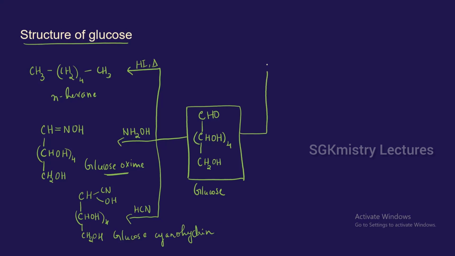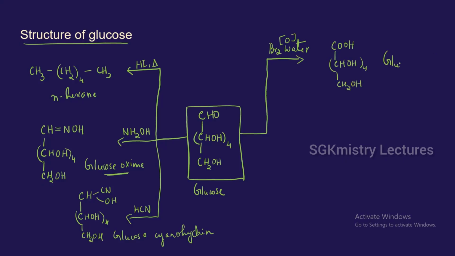So the next test was they treated glucose with bromine water. When you treat it with bromine water, of course, oxidation takes place. So it was observed that the CHO group, whatever the functional group was there, was converted into the acidic group, that is the carboxylic acid group.